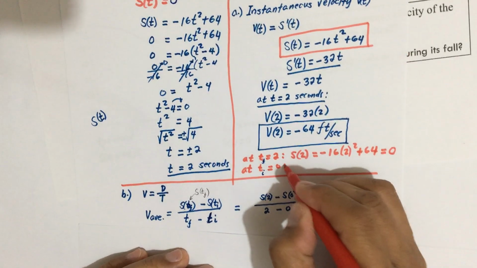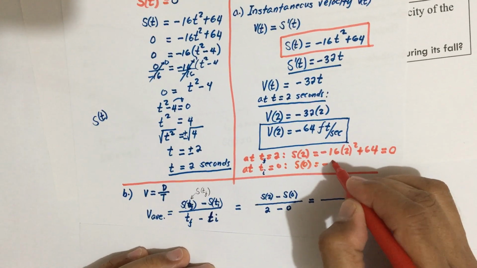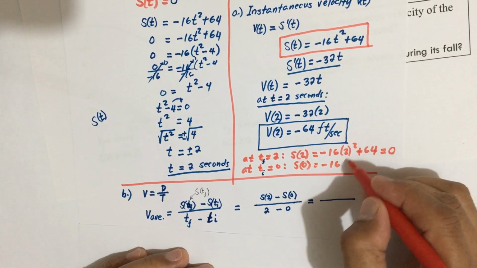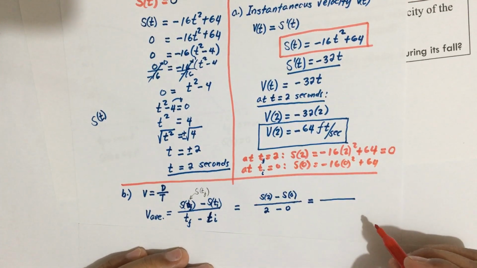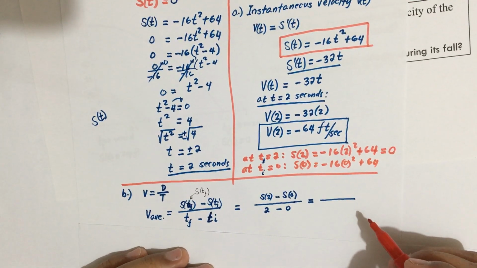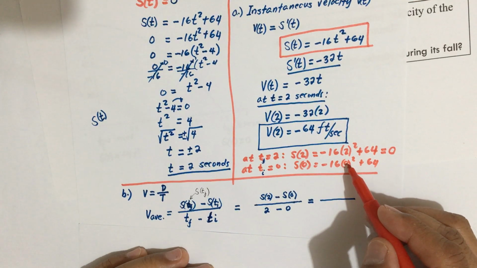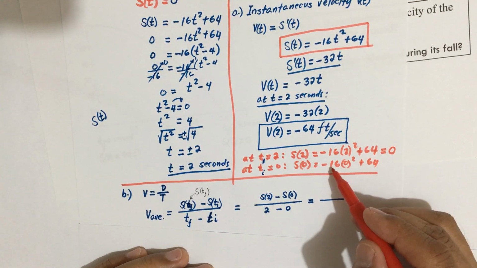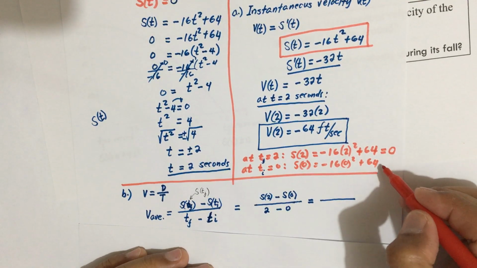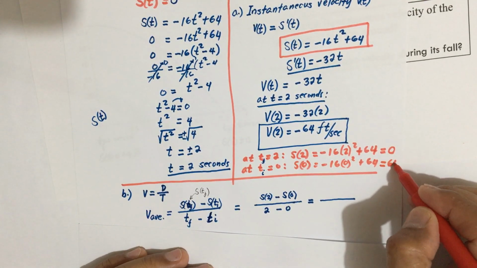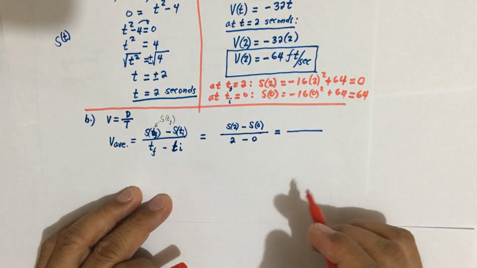So we have s of 0 equal to minus 16 times 0 squared plus 64. 0 squared is 0, times minus 16 is 0. So 0 plus 64, this is equal to 64. Alright, so these are the values that we need to substitute here.